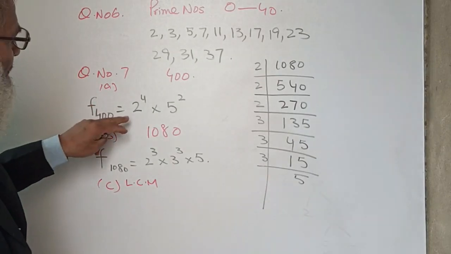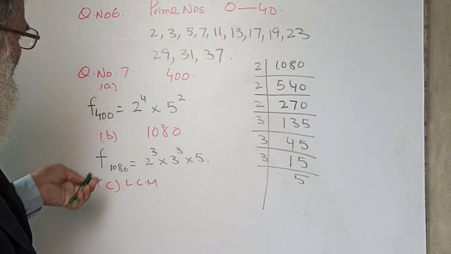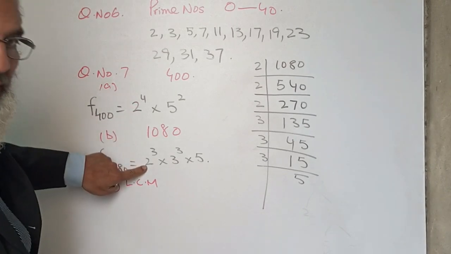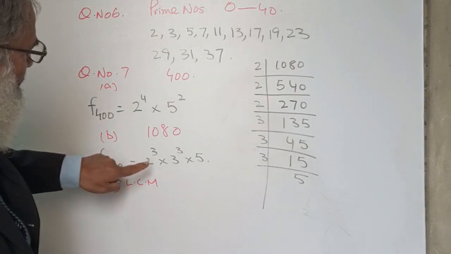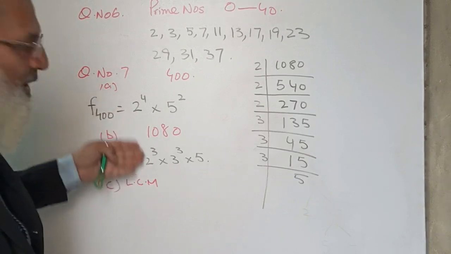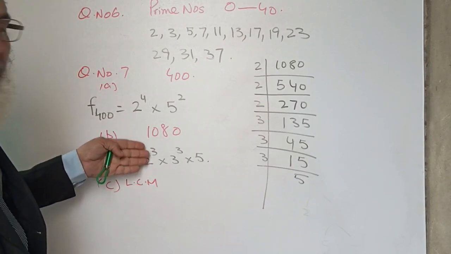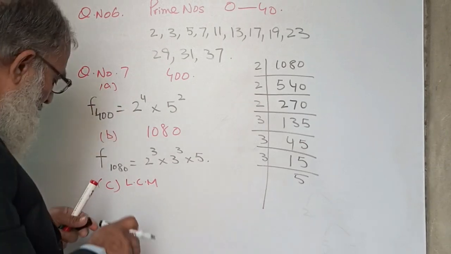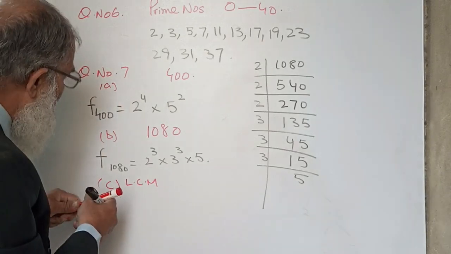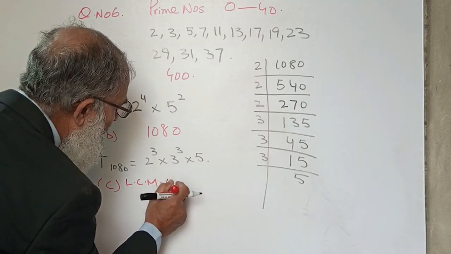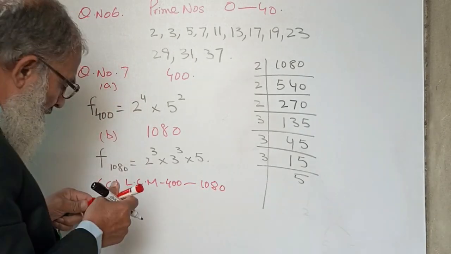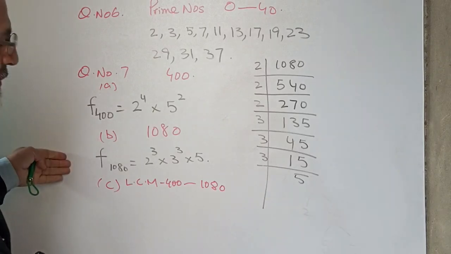You see that we have 2 raised to power 3 and 2 raised to power 4. That means we have 3 2's in common between the two. Now we have to find the LCM of 400 and 1080 from the result we have already obtained.